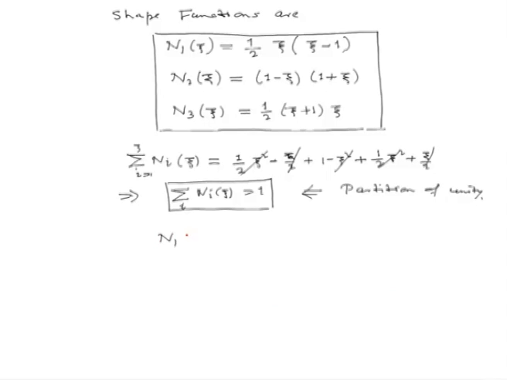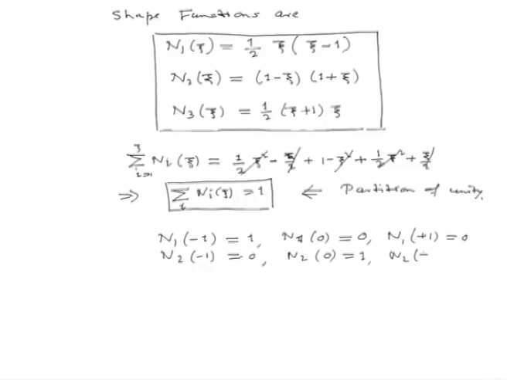They also satisfy the Kronecker delta property, which we can easily see. For instance, N1 at minus 1 is equal to 1, but if you evaluate N1 at 0, it is 0. Similarly, N1 at plus 1 is also equal to 0. The same holds good with N2: N2 at minus 1 is 0, N2 at the node point 2 is equal to 1, and N2 at the node point 3 is equal to 0.